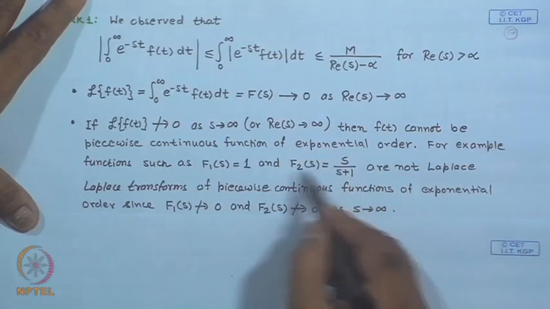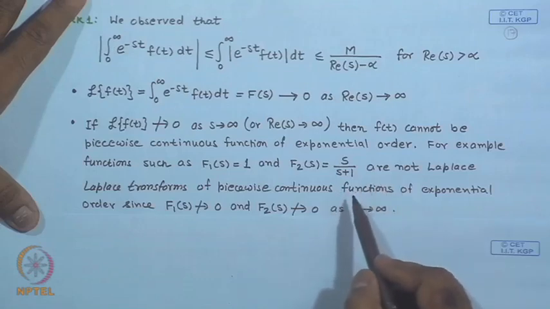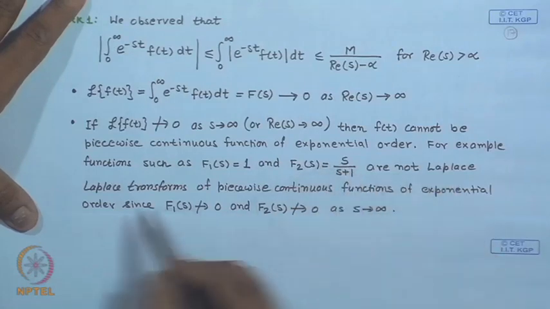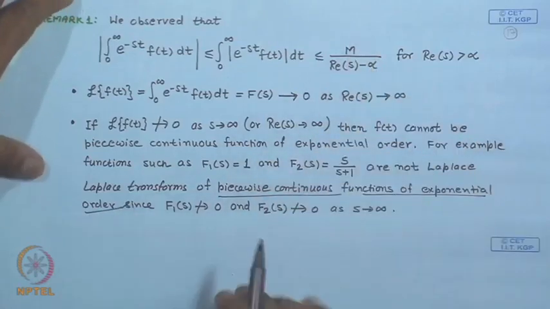But this does not mean that they are not the Laplace transform of any function; at least they are not Laplace transforms of piecewise continuous functions of exponential order, that we can conclude from here.